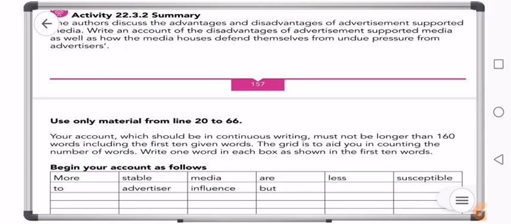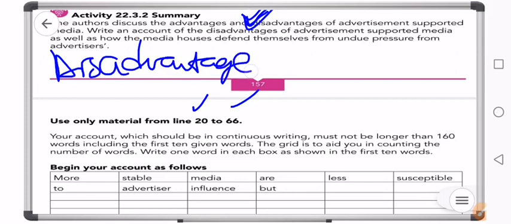So write a summary of the disadvantages, which means when you write your summary from line 20 to line 60, your focus is on the identification of disadvantages. So the first keyword is what? Disadvantages.